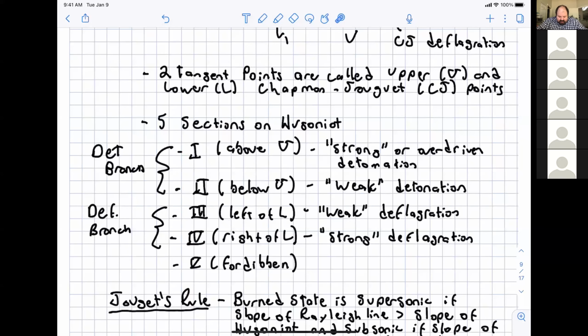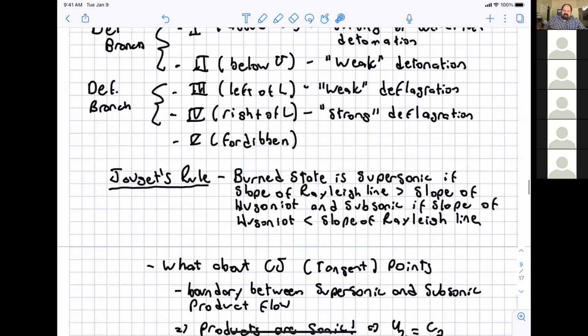Okay, and one of the most prominent of them is determined by Jouguet's rule, which you can actually prove mathematically just based on the physics. I did it one time for a different class, and it's a 2-hour proof.